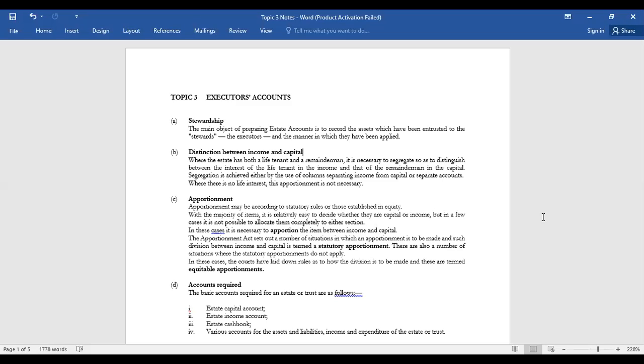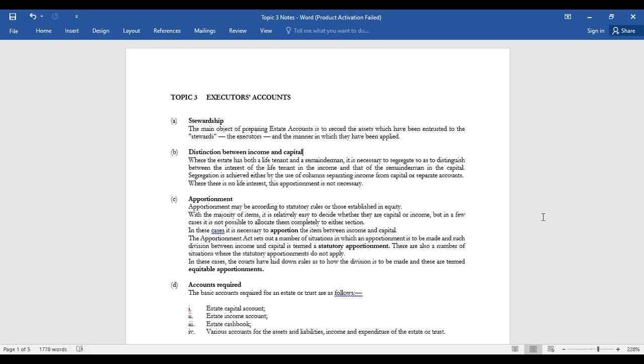So there comes a time when the life tenant had so well stipulated in their will how they've shared their assets. They could say 70% to A, 30% to B. But where there is no such equity established, then we follow what we call the statutory rules.